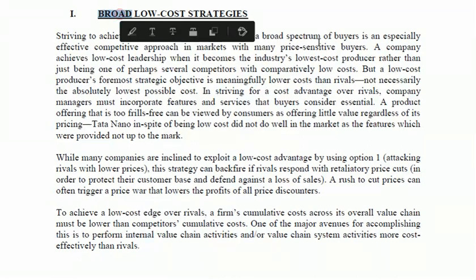And broad in the sense they are catering to all kinds of customers. It is not specifically for youngsters, or specifically for women or children, something like that. The strategy the company is building is catering to almost everyone in the market. Okay, and they will be providing lower cost than the rivals so that they'll be able to compete on the price attribute.